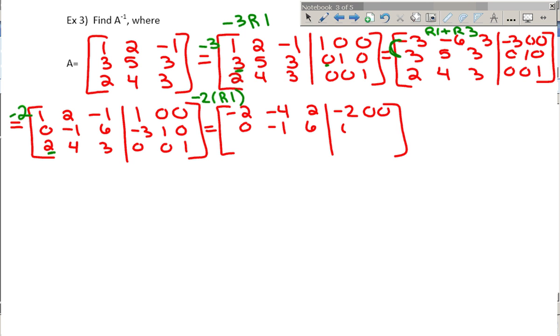Row 2 has not changed, and row 3 has also not changed. It will momentarily, but it hasn't yet. Now that I have that, I can look at row 1 and row 3. If I add them together, we'll get that to cancel. And again, row 1 goes back to its original state.